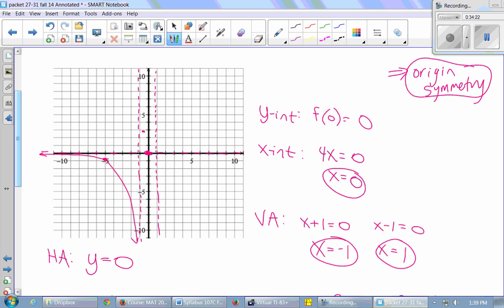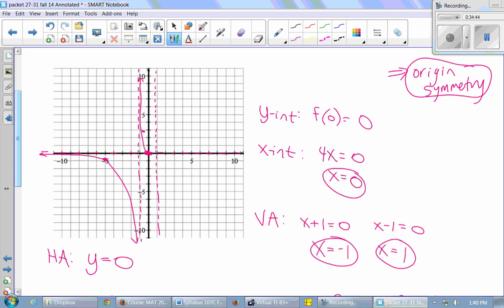It's right there. So that means that I go through the point at 0, and then I have to go through this point, and I've got to approach the asymptote without crossing the x-axis again, so it's got to go up like this. And now that I know I have origin symmetry, I don't have to do the rest of my testing. I could if I wanted to.